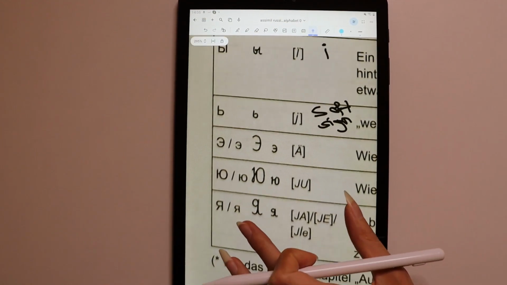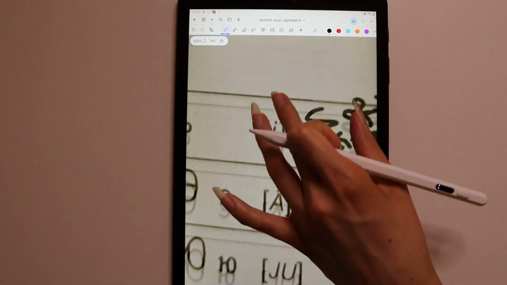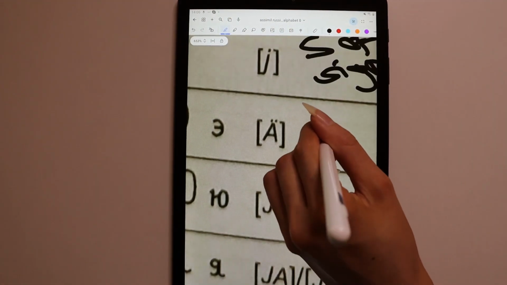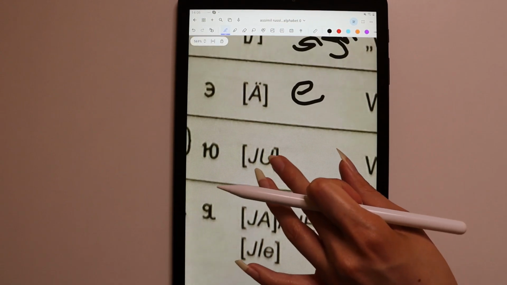And then we have the e, and the e is like an e, like in pet as an example.